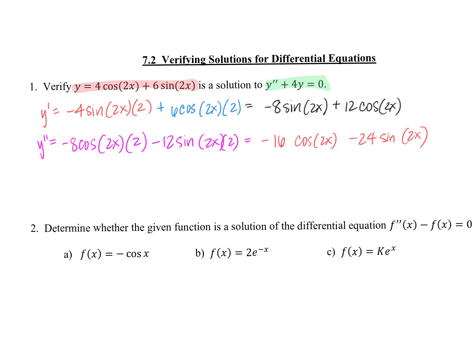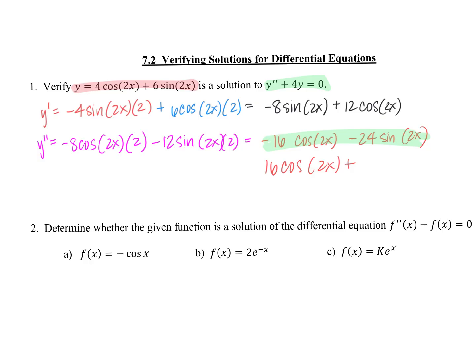You guys, if we take our y double prime and we add that to 4y's, what would 4y get me? I'm just going to put it right here because I got to take this and add it to 4y. What's 4 times that? 16 cosine of 2x.